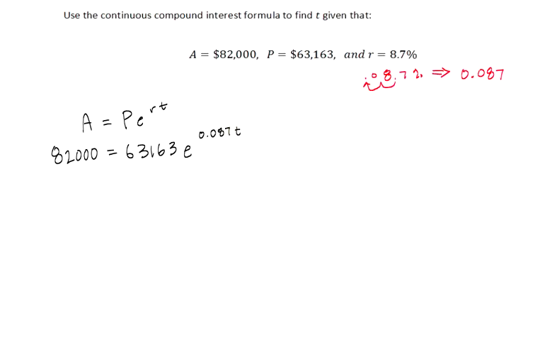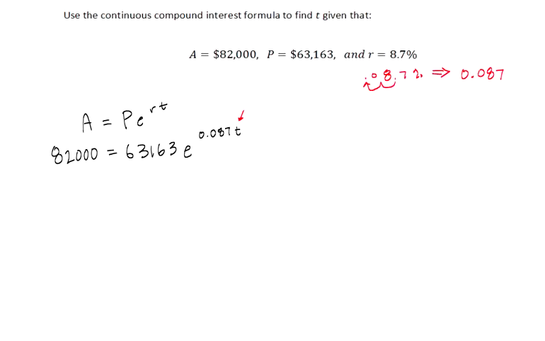Notice that t is in the exponent. That's the situation where we're going to involve the step of natural logging both sides.